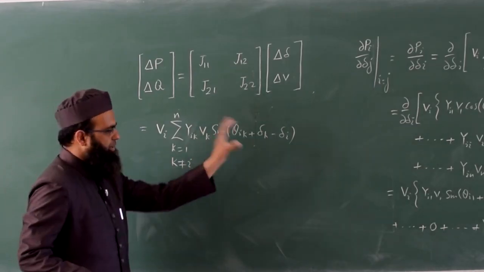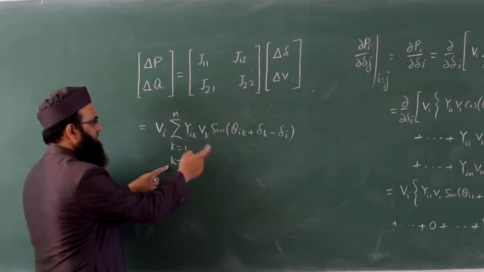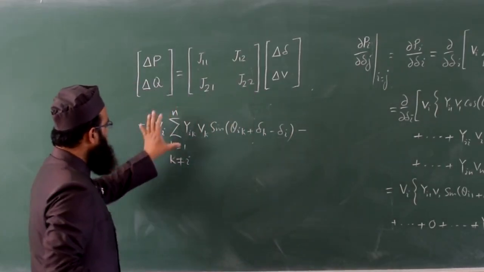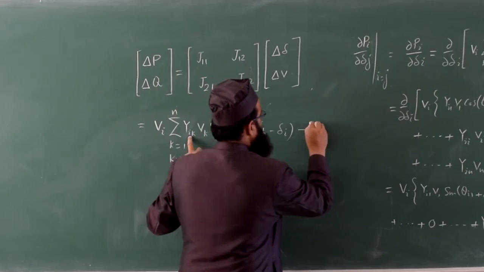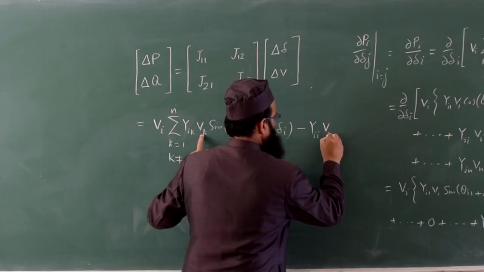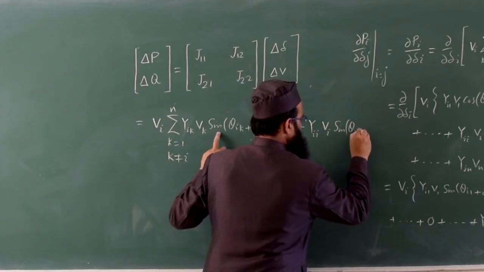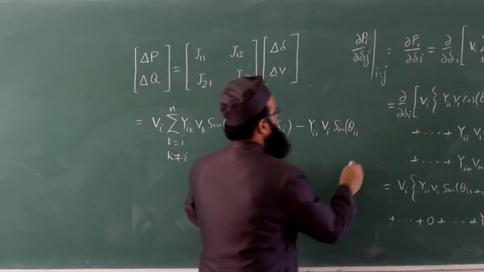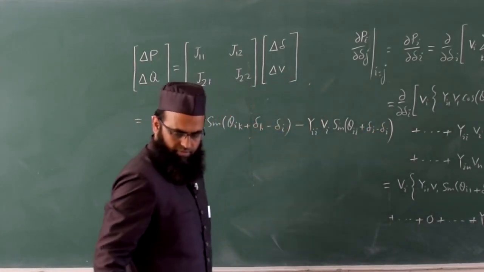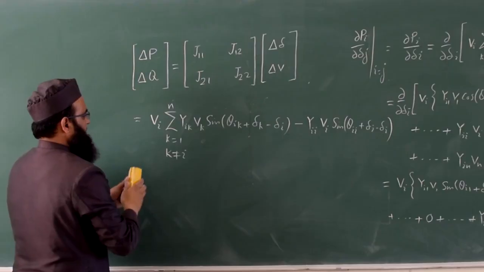So add the ith term and subtract. This can further be written as, I am including this ith term here and subtracting here directly. So first subtract, and then we will remove. The next term will be this one minus the ith term, which is Yii Vi sine of (θii, with k equal to i, plus δi minus δi), that is 0 right here, and remove here because we have subtracted this term. So we have included it in this, that is why removing this one.